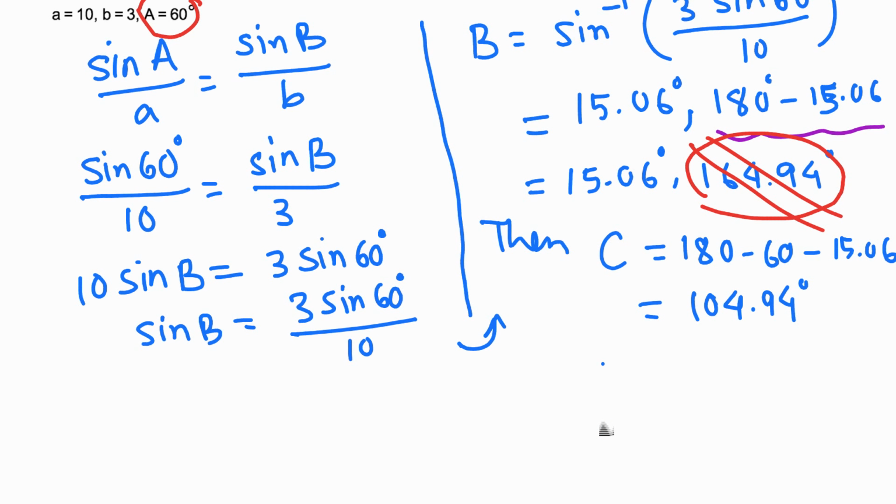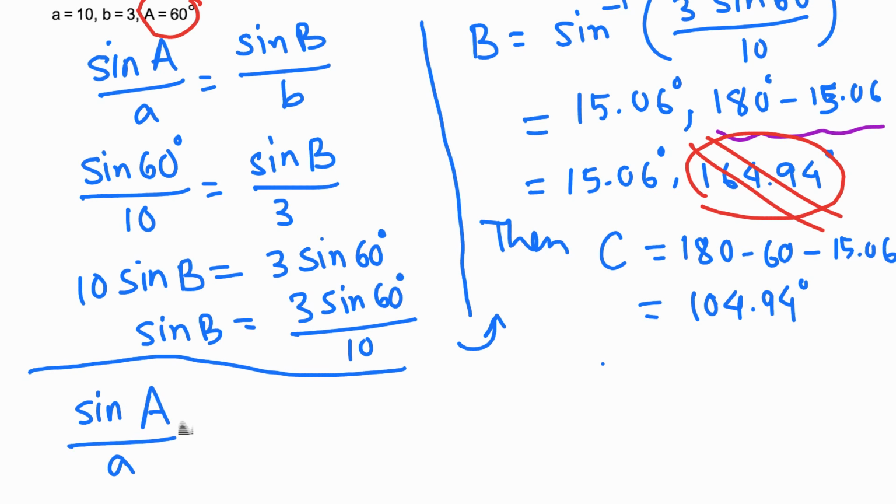Now we can use another law of sines. Let's use angle A, because angle A is 60 degrees, not a decimal. So sine A over a equals sine C over lowercase c. From this we should be able to find the value of lowercase c.